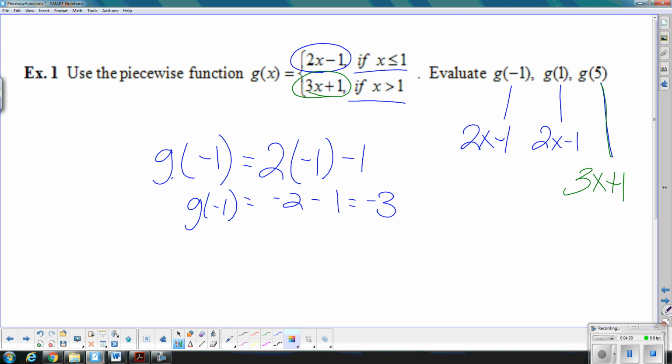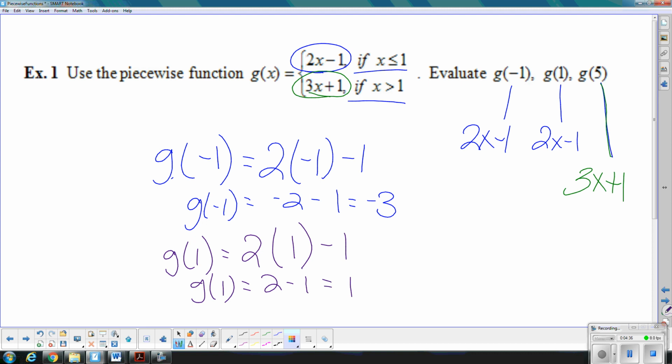The second one, g of 1, equals 2 times x, which is 1, minus 1. So g of 1 equals 2 minus 1, which is 1.